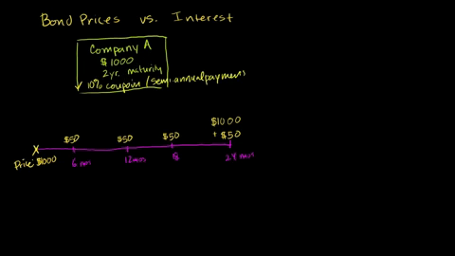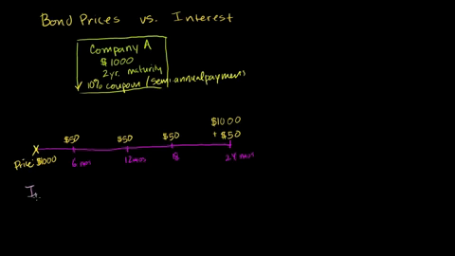Now, let's say that the moment after you buy that bond, obviously interest rates don't move this quickly, but to be a little bit more realistic, let's say the very next day, interest rates go up. If interest rates go up, let me do this in a new color.